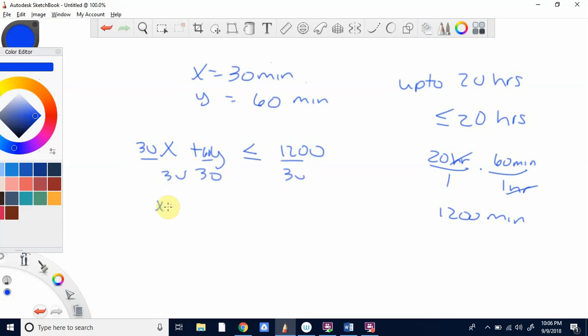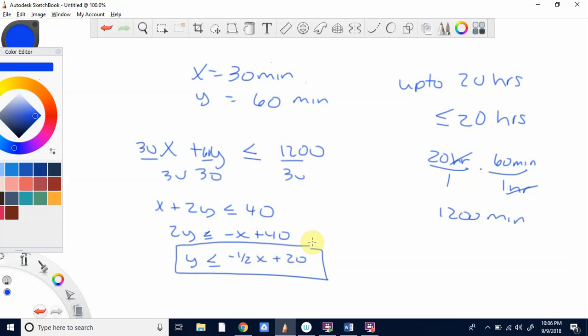And I'm going to get X plus 2Y less than or equal to 40. And then I'm going to move the X over, so 2Y less than or equal to negative X plus 40. Divide everything by 2, so Y less than or equal to negative 1/2 X plus 20.